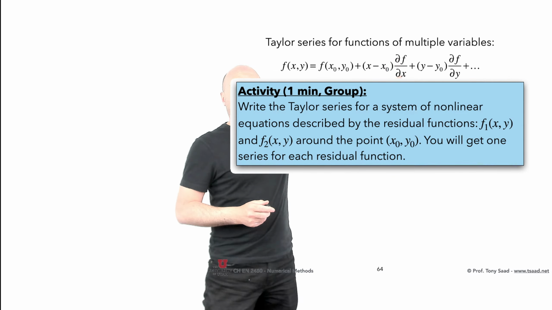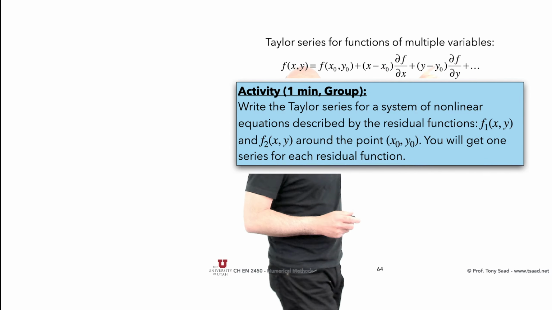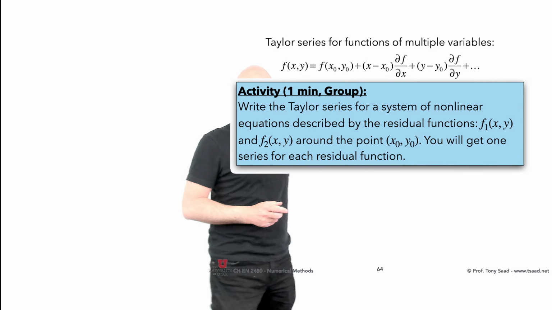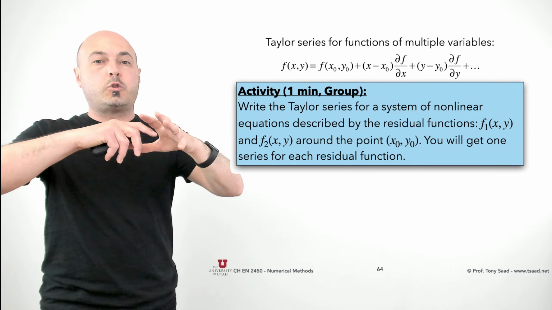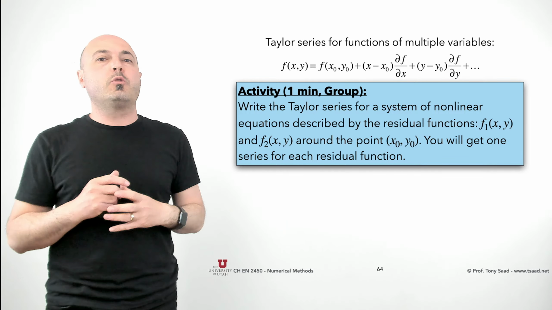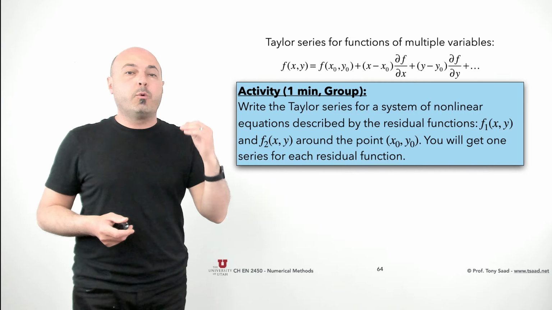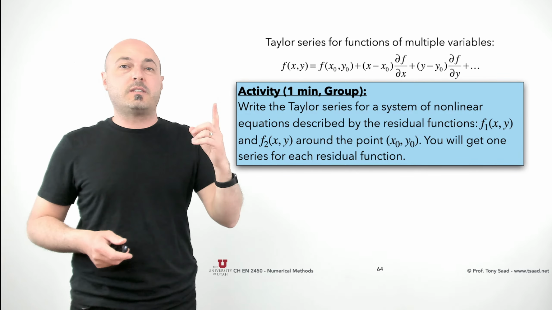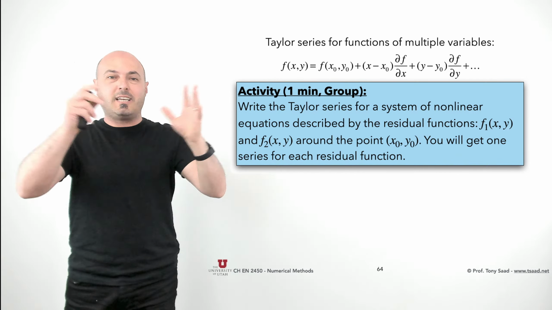There's a critical typo over here in that these df dx and df dy should be evaluated at x0, y0. That's the point around which we are expanding the residual function. Again, remember Newton's method, we are after a recipe to improve our initial guess, and we're going to take that recipe from the Taylor series. When we were dealing with a single equation, it was easy, that Taylor series.